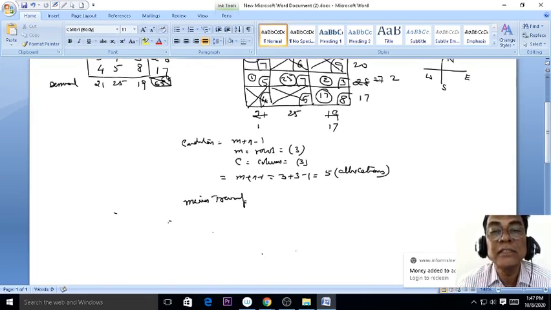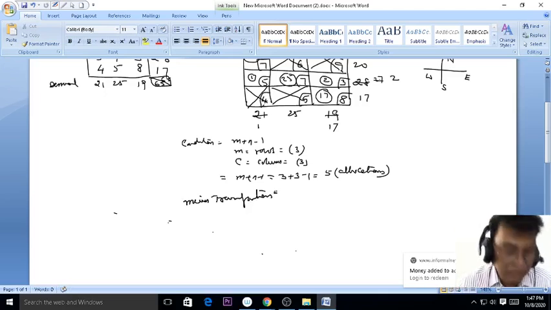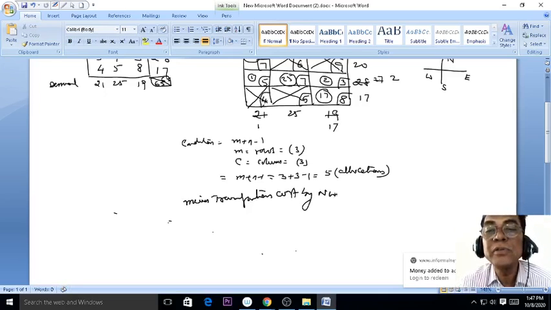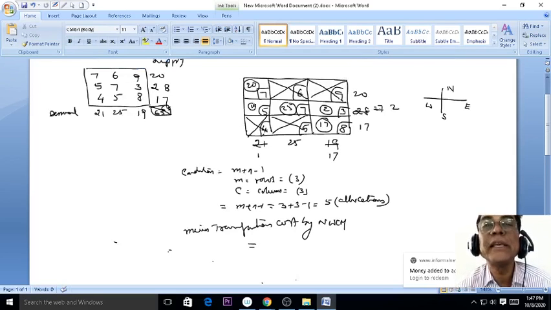Therefore, the final solution, once all conditions are satisfied, please write down the minimum transportation cost by NWCM equal to, see, multiply. What are we multiplying here? 20 into 7. Come to the point.